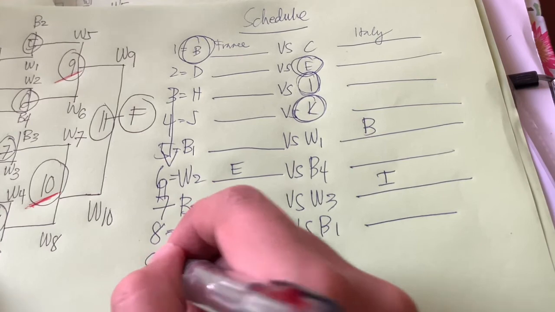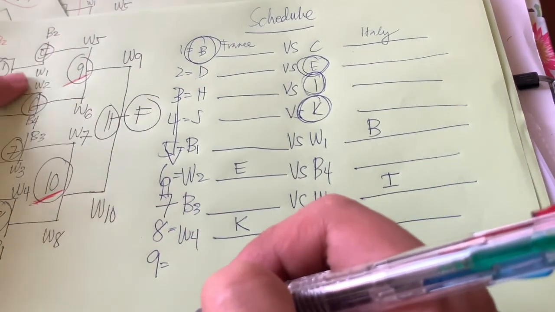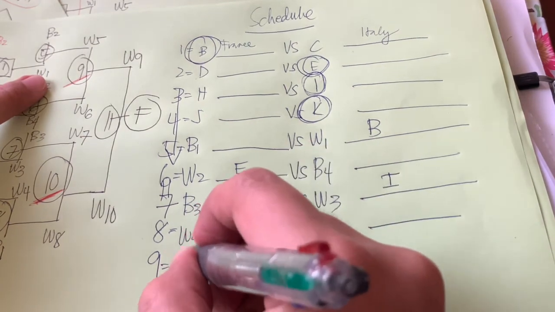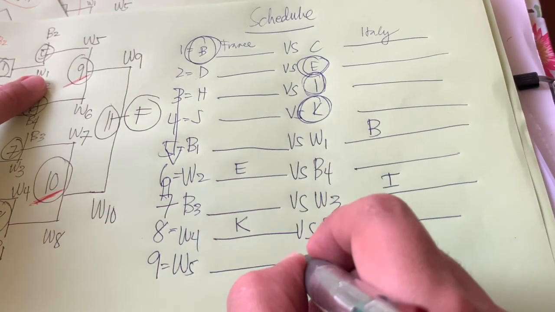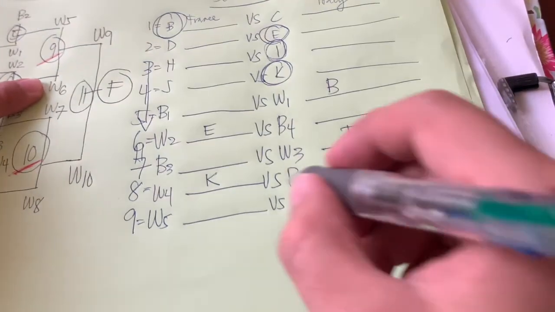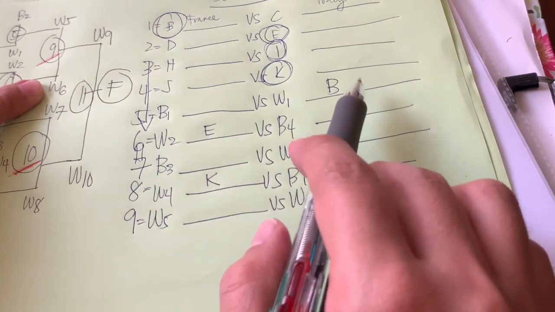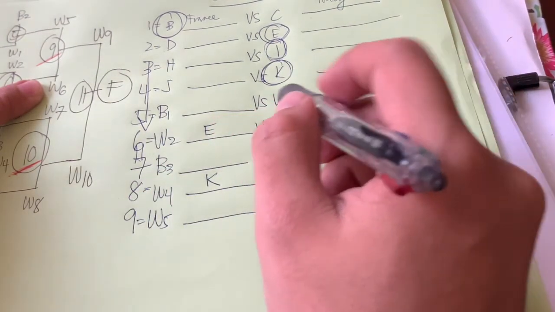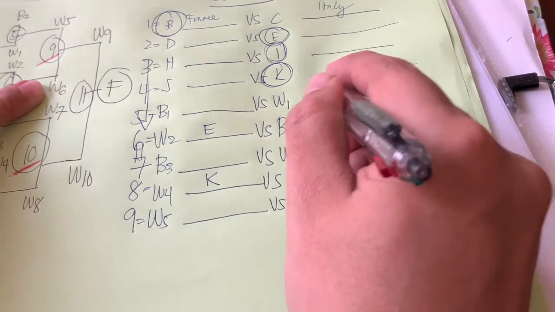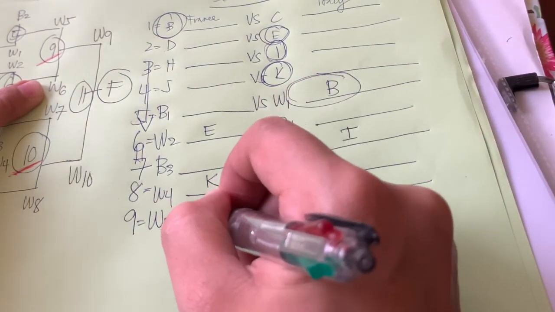Game 9. Game 9 starts the third round of elimination. So it's a match between winner 5 and winner 6. For example, the winner of winner 5 is this one, D. So I'll put B here again.